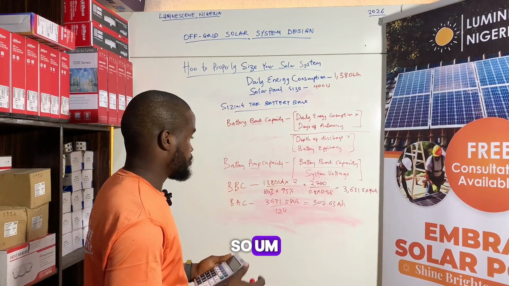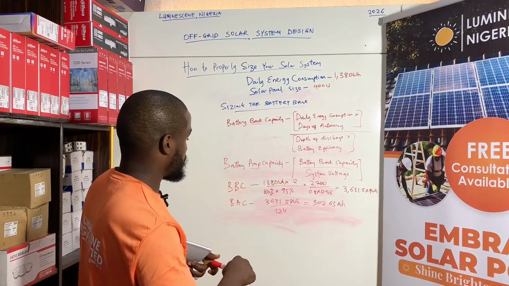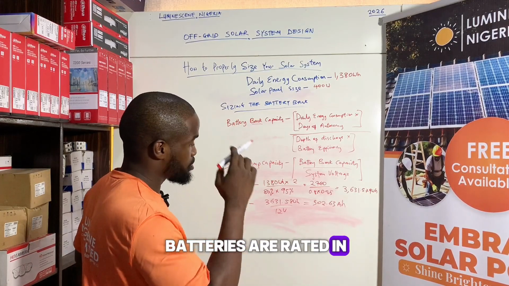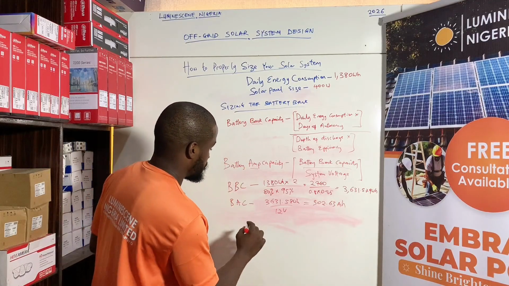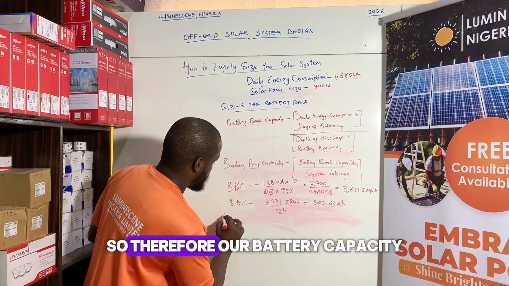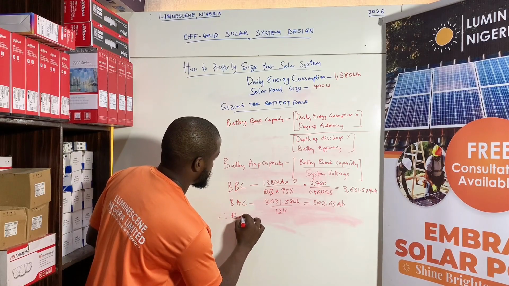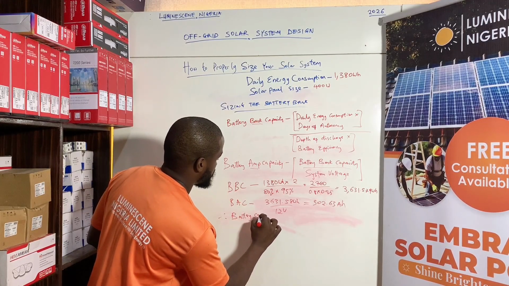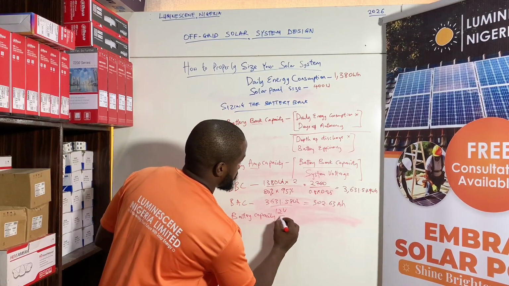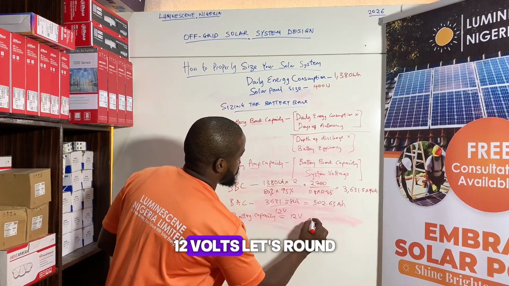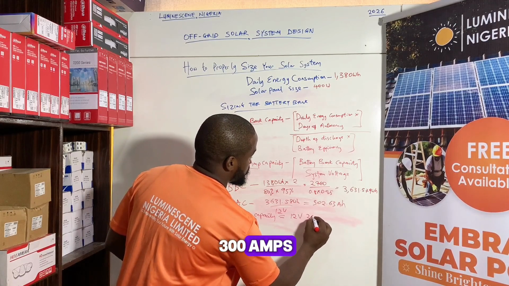Now I told you our batteries are rated in voltage and amps. So therefore, our battery capacity is 12 volts. Let's round this up: 12 volt 300 amps.